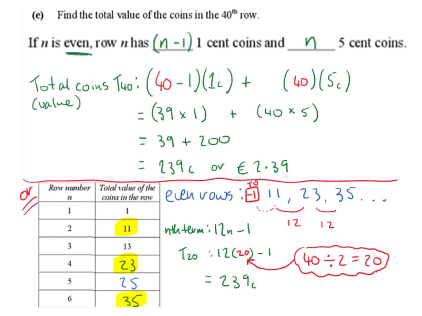So 12n minus 1 is our formula. We're going to sub in 20 in place of the n, because if we're looking for the value of the coins in the 40th row, then we need to divide that by 2 to get 20, because using only the even numbers we're using half of the rows. So 12 by 20 minus 1 gives us 239 cent as well.